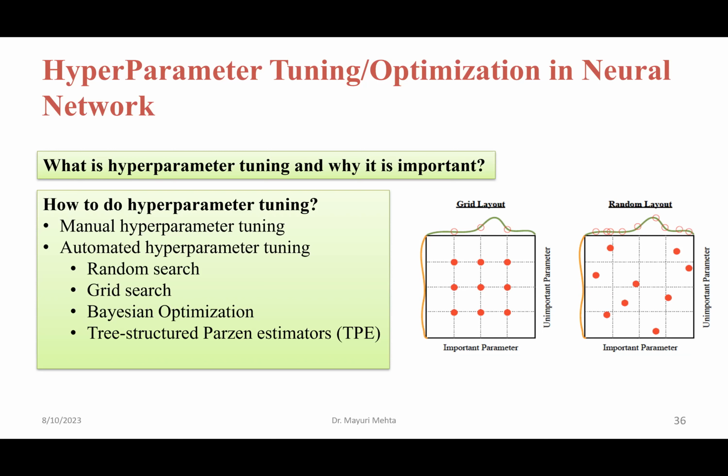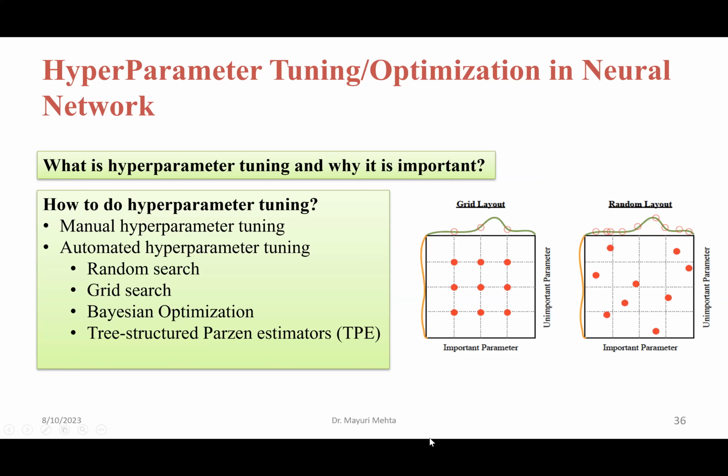The difference is that each iteration tries a combination of hyperparameters in a specific order, while in random search, each iteration tries a random combination of hyperparameters. Otherwise, the rest is the same. You can see the difference is very clear.